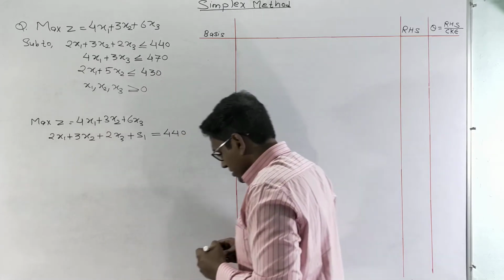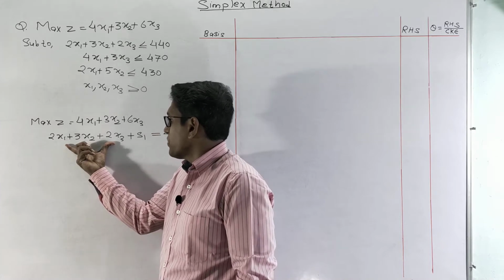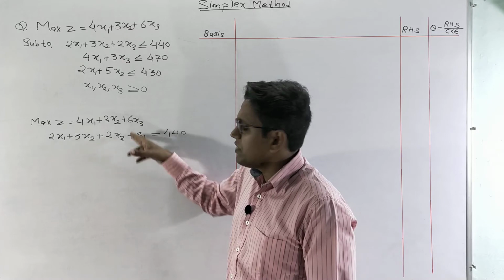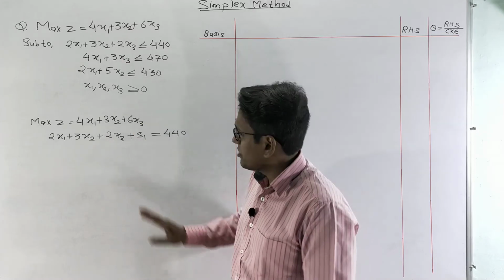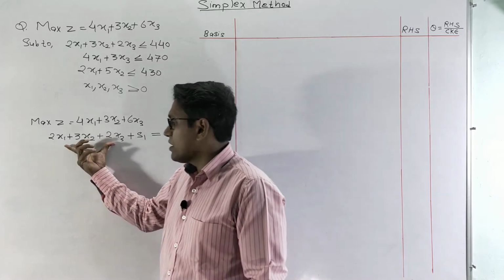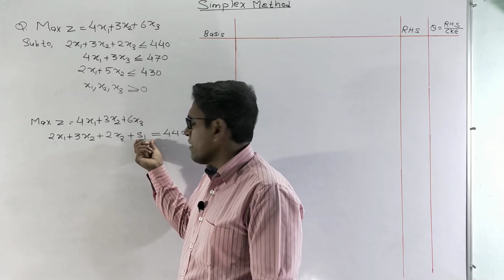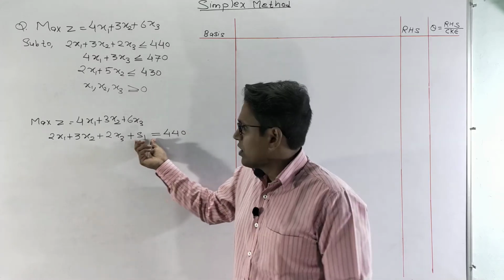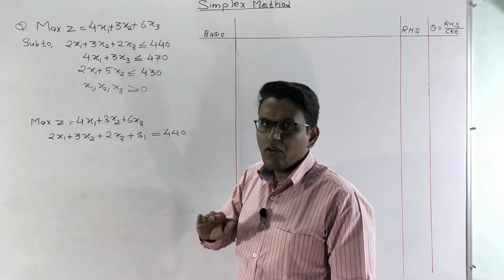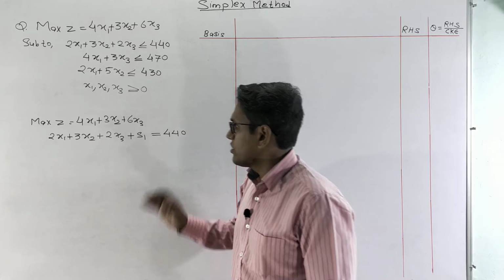What this means is that if 2x1 plus 3x2 plus 2x3 is equal to 440, then s1 will take value 0, and if this value is less than 440, then s1 will have some positive value. So here we are defining that s1 can be 0 or positive. That means s1 is also non-negative in nature.